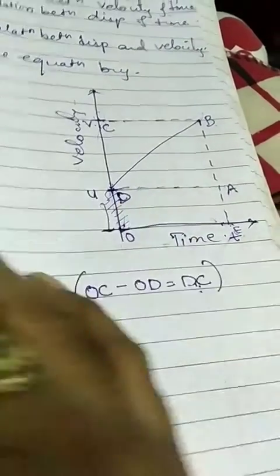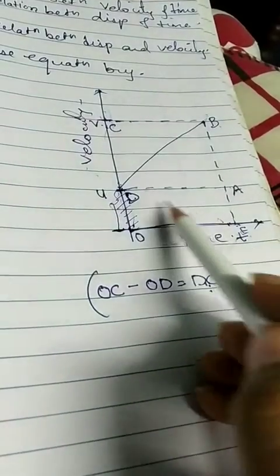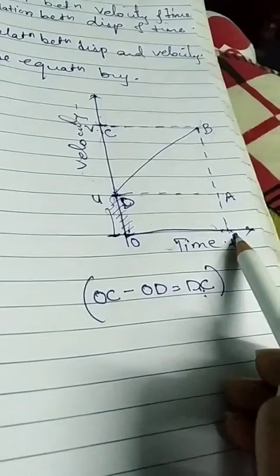Now let us do some construction. Draw parallel lines to the x-axis from U and V till the time t.